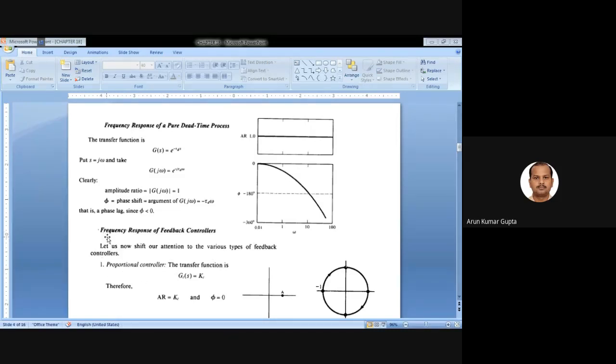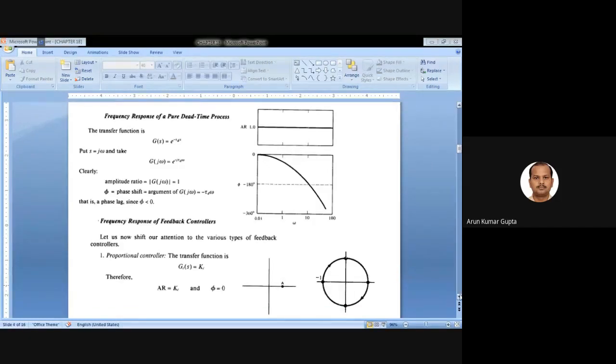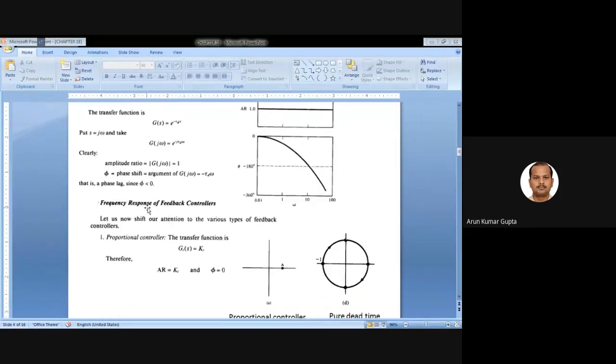Now the frequency response for a proportional controller. This is for different feedback controllers. If we take the proportional controller, we have G_C equal to K_C, so G(s) equal to K_C. If this is constant, the AR value will also be K_C, right? And what about the phase angle?